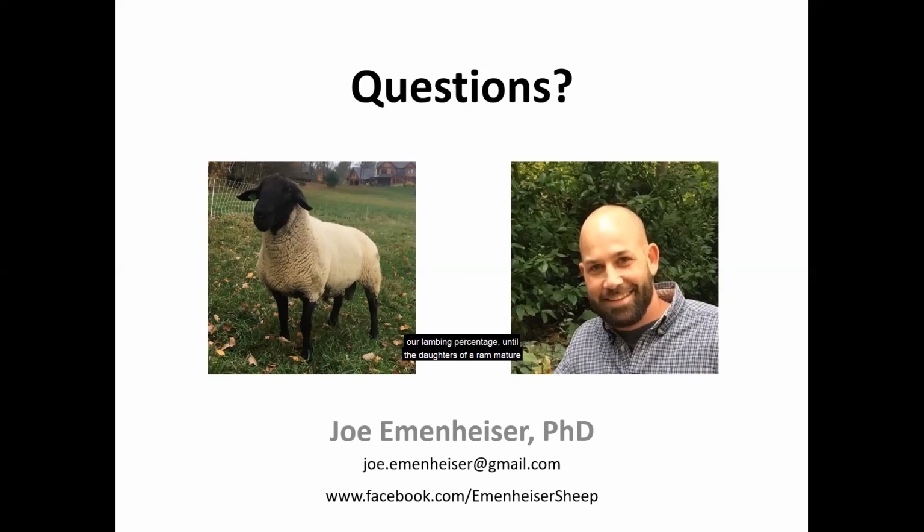Like if we need to increase our lambing percentage, we don't know if we've reliably increased it until the daughters of a ram mature and have lambs of their own, and we can assess their own lambing percentage, preferably after a couple years when they've hit their production stride. At that point, it's too late to do anything about the ram if it was a wrong decision.